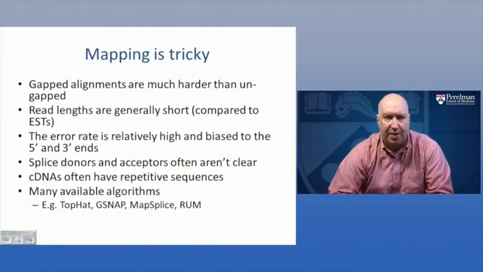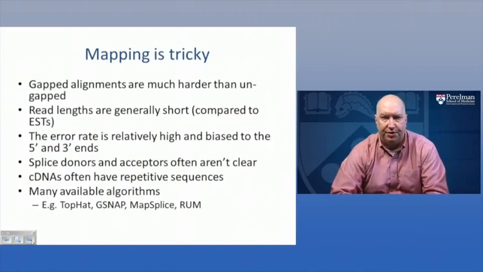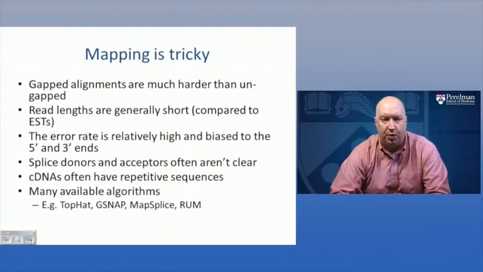The first aspect that is a tricky one with RNA sequencing is the mapping problem. Once you generate the data, mapping, especially of transcript data, is actually quite tricky. That's because transcripts are spliced, and gapped alignments are much harder than ungapped alignments. They're computationally more intensive.